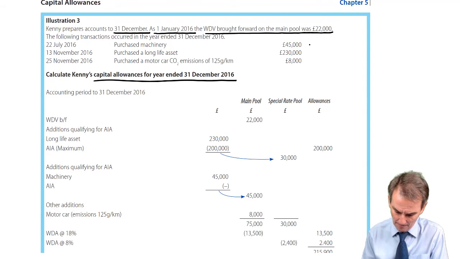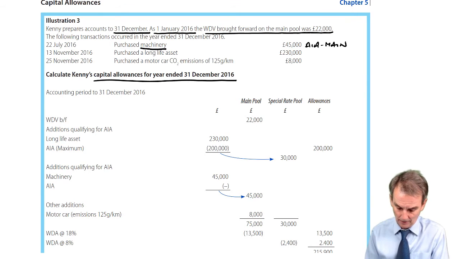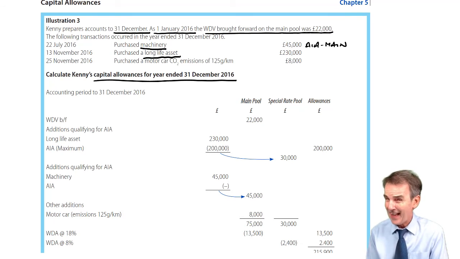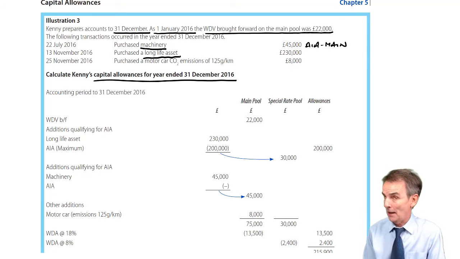What then do we have? The additions during the period. Purchased machinery. That, therefore, will be AIA and will be main pool expenditure. Purchased a long life asset. Now remember, that terminology, that label, might not be applied. You may be told, purchased this particular asset.